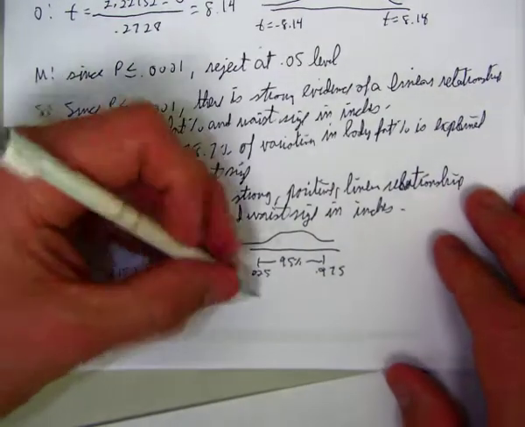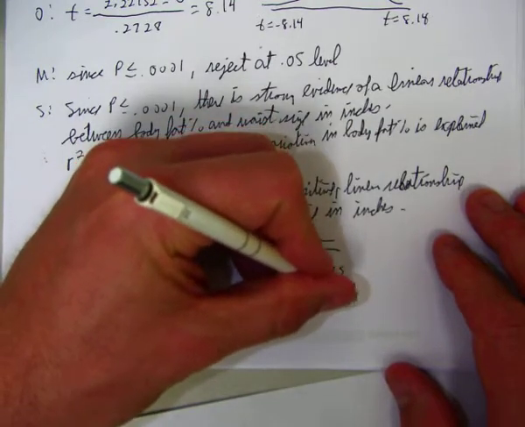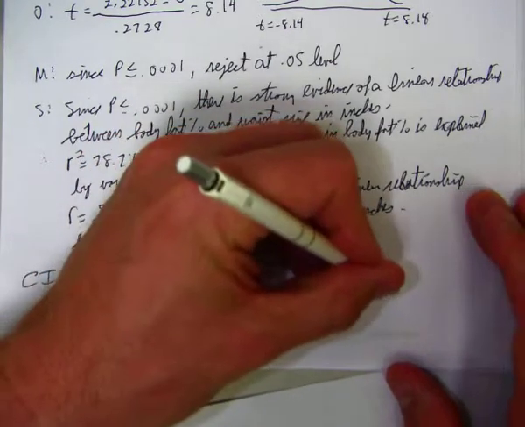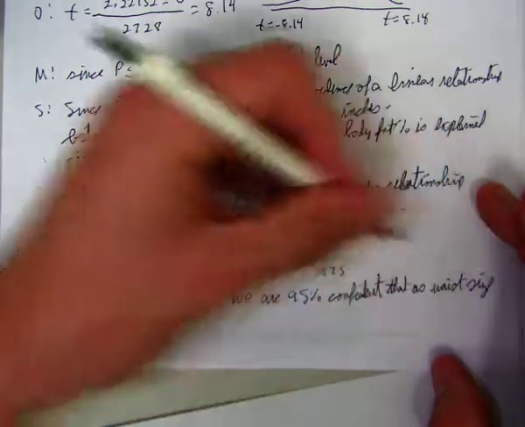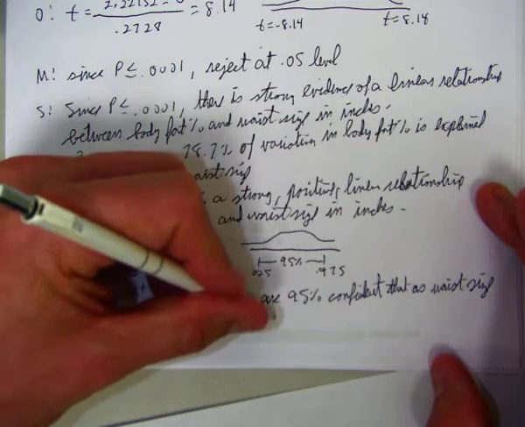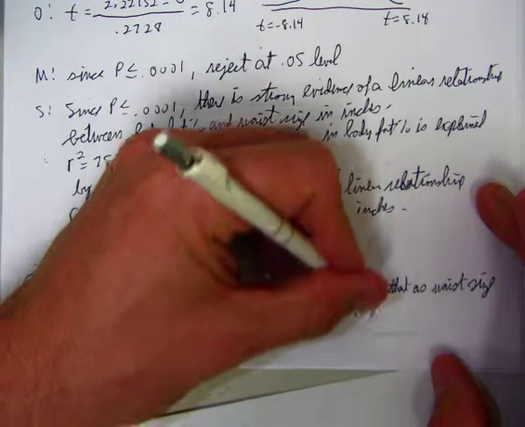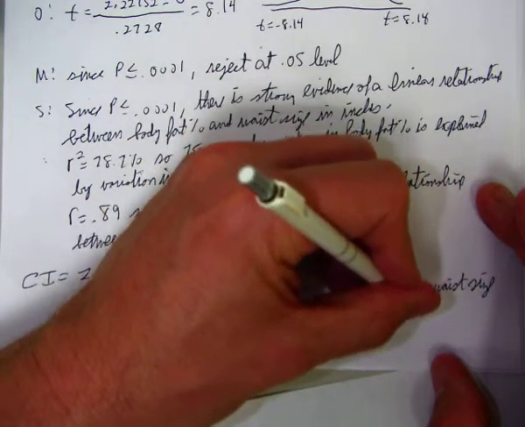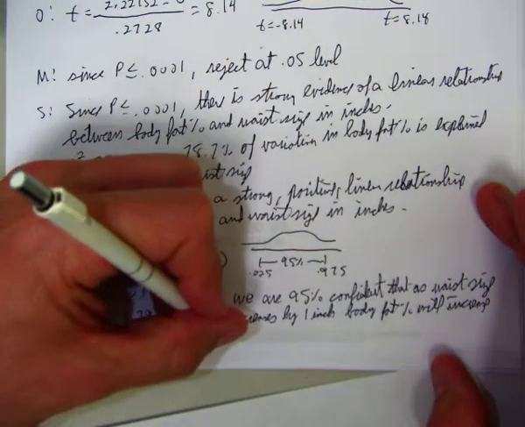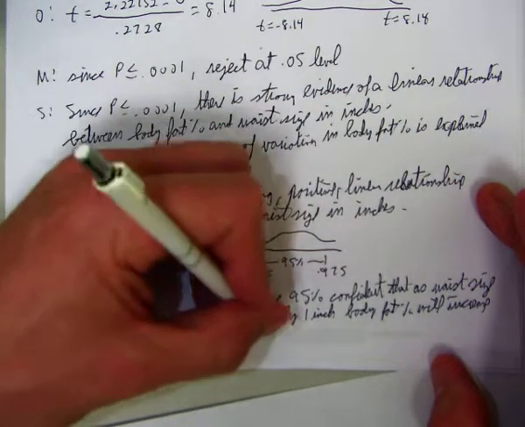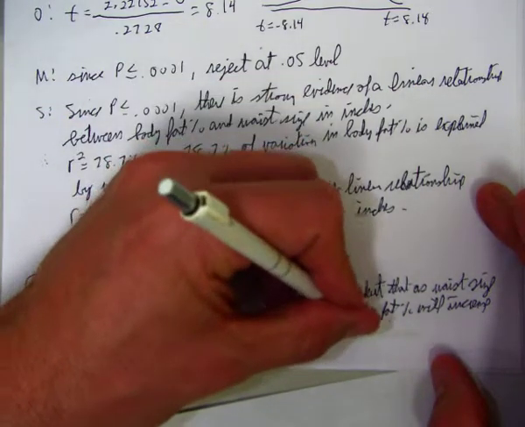So we are 95% confident that as waist size increases by 1 inch, body fat percentage will increase between 1.65% and 2.79%.